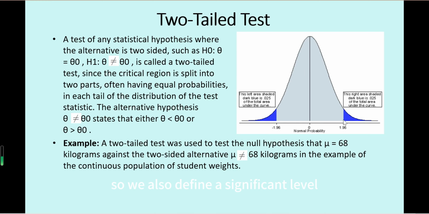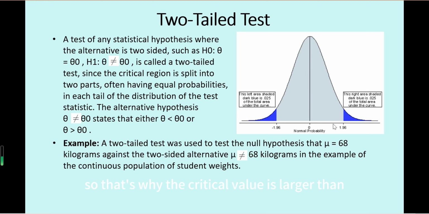We also define the significance level alpha as 0.05. But in a two-tailed test, 0.05 has to be divided by 2. So each of these end regions in the normal distribution represents a probability of 0.025.